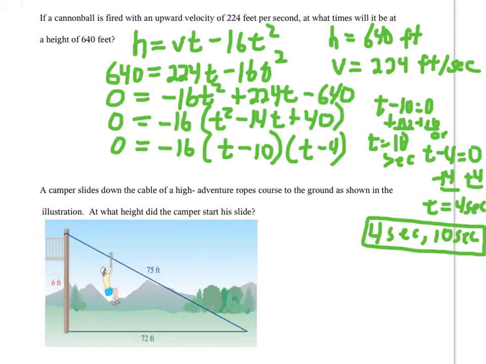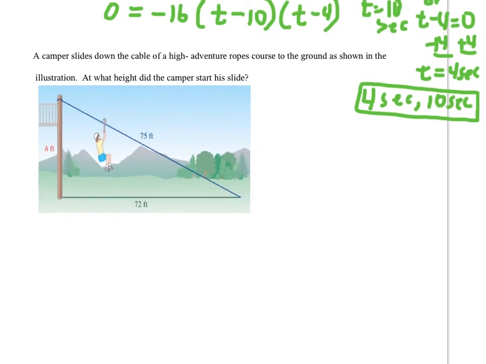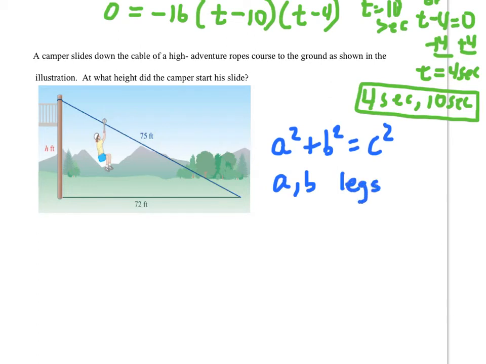So next problem is going to use the Pythagorean theorem, which we've actually used before. You'll recall that the Pythagorean theorem is a squared plus b squared equals c squared, where a and b are the legs or the sides that make up the right angle of a right triangle, and c is the hypotenuse.